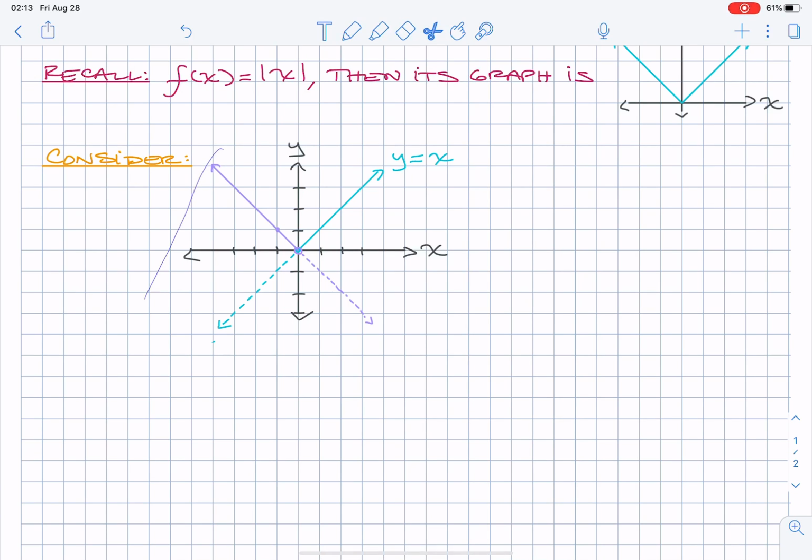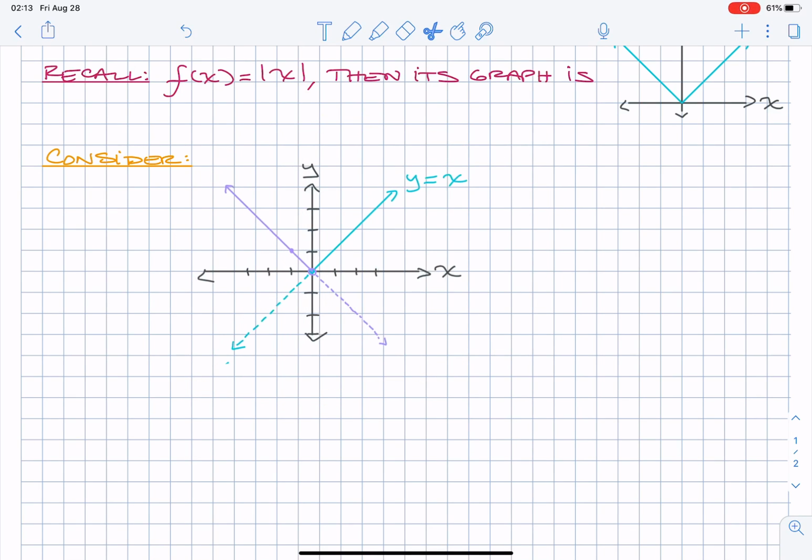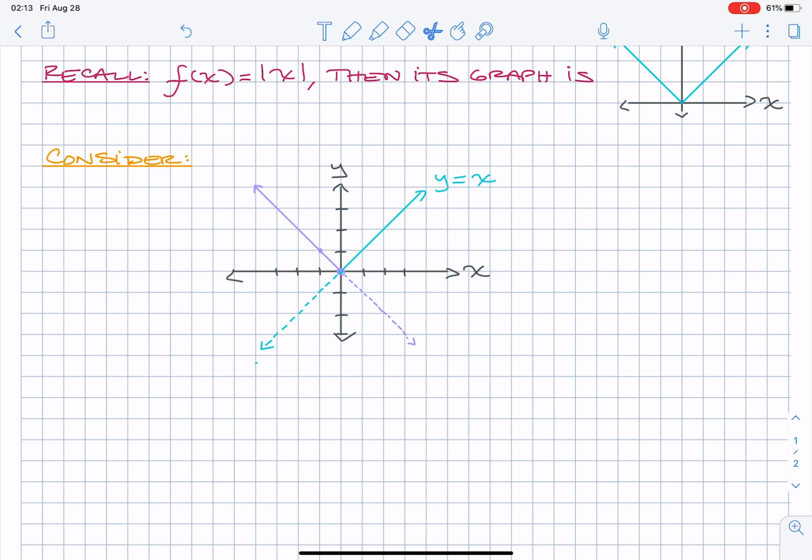So let me give myself a little bit more room here. So this purple is a graph of y is equal to -x because it's got a slope of -1.